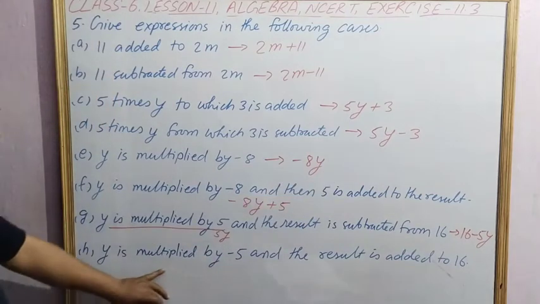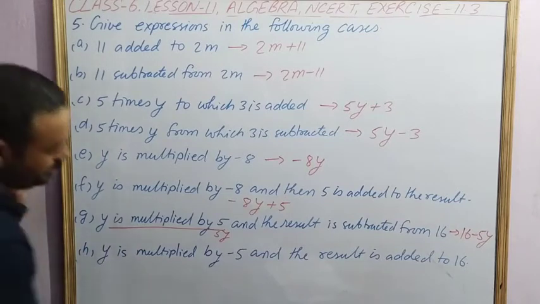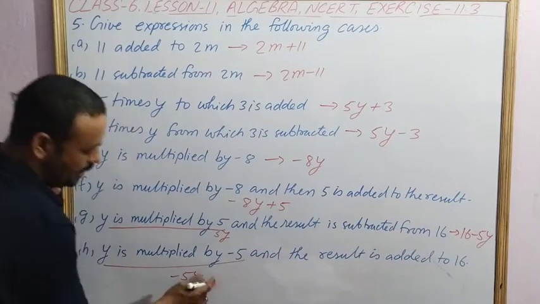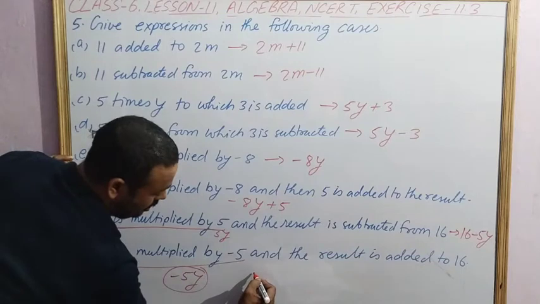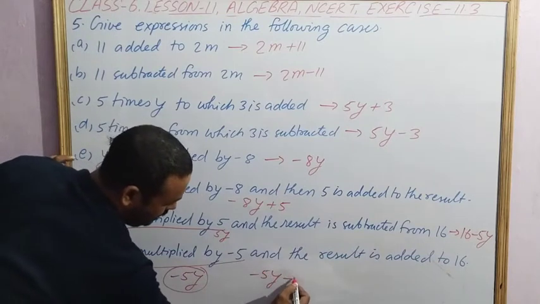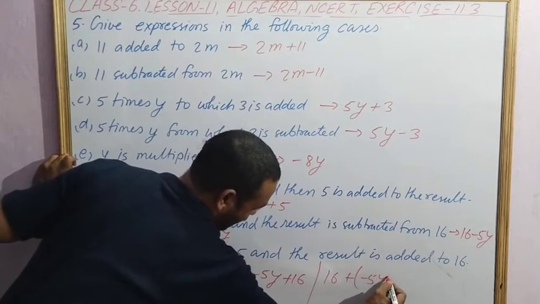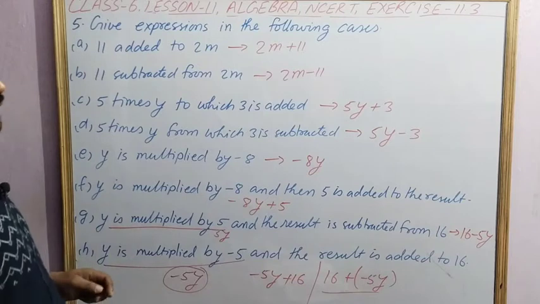H: y is multiplied by minus 5 and the result is added to 16. This means minus 5y, and what comes we have to add to 16, so minus 5y plus 16, or you can say 16 plus minus 5y. Both you can say. So next question.